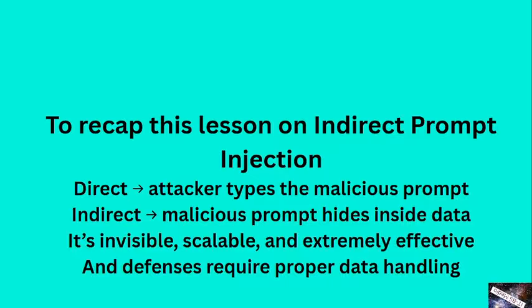But indirect prompt injection is when malicious prompts hide inside data, especially external data, not the one that is supplied by the user. It's invisible, scalable, and extremely effective. And defenses require proper data handling.